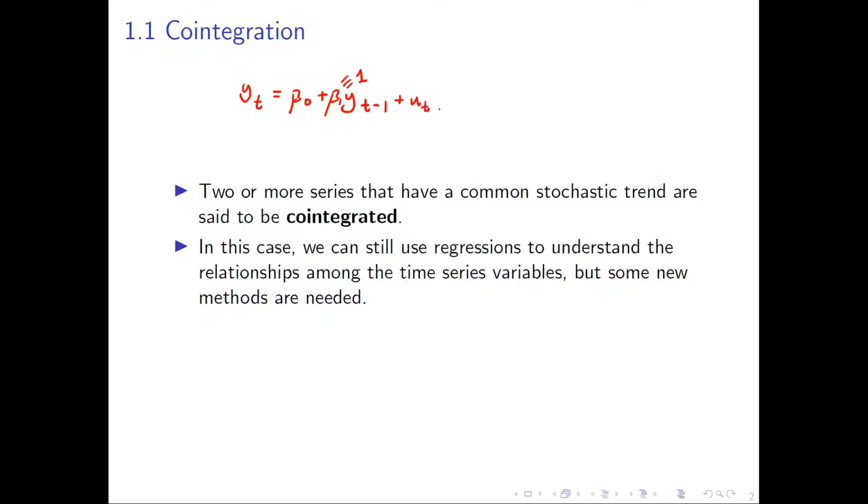And of course you have the error term. So this equation, or this process, is the random walk, and this process is the simplest process, which is non-stationary with a stochastic trend, because the variance of this process is non-stationary. It's increasing in time.